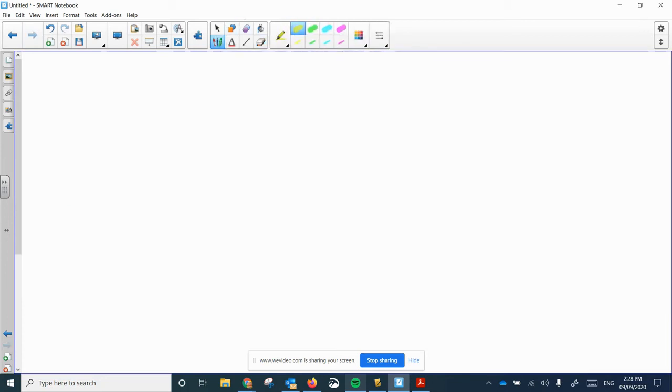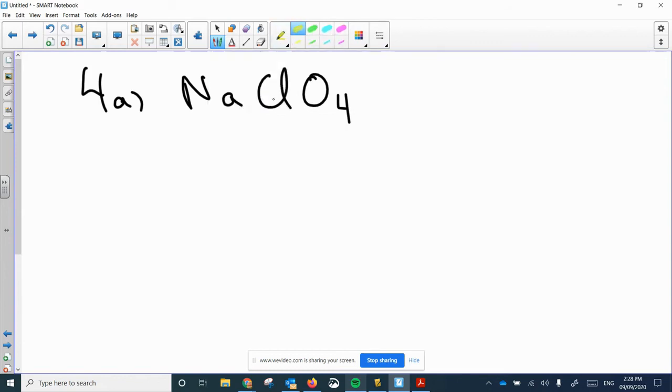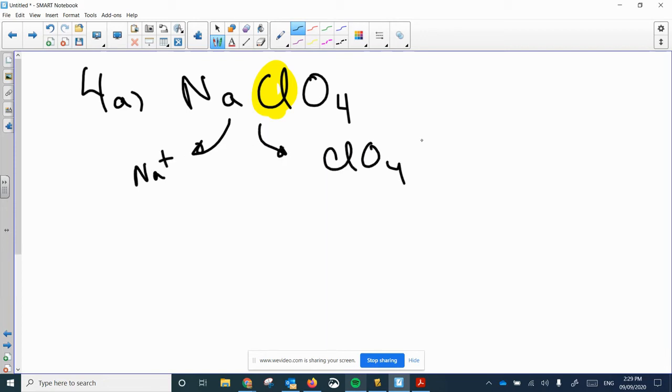All right, let's take a look at question number 4 now. We're asked to identify the oxidation number of the highlighted or bolded element. In this case, it's the chlorine. One way to simplify this process is to divide it into its component ions. So here we have an Na+ and a ClO4 1-.